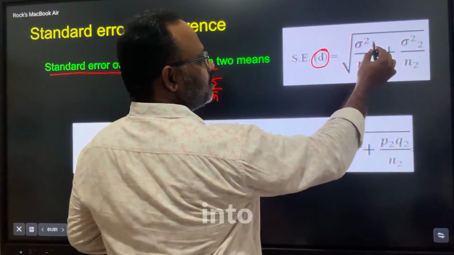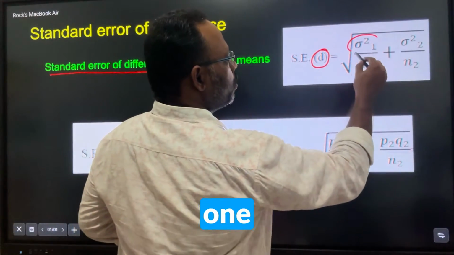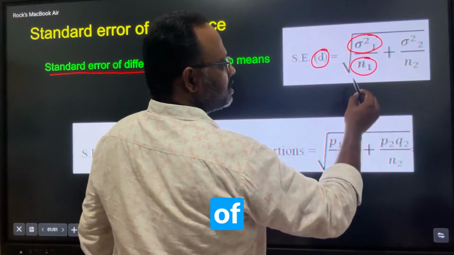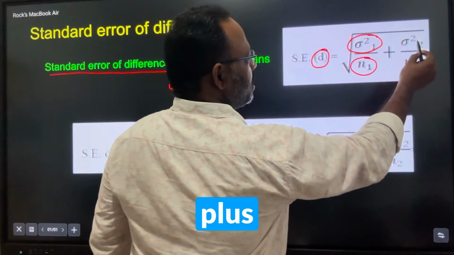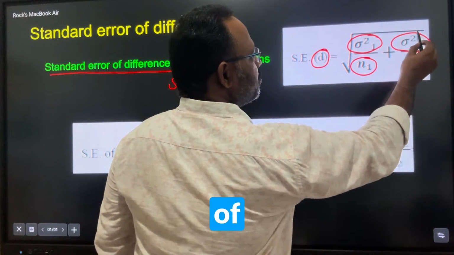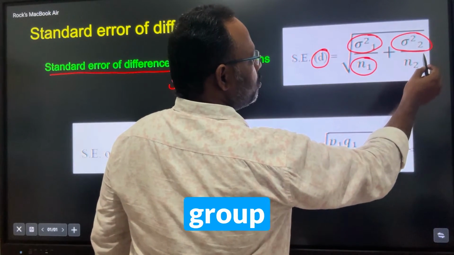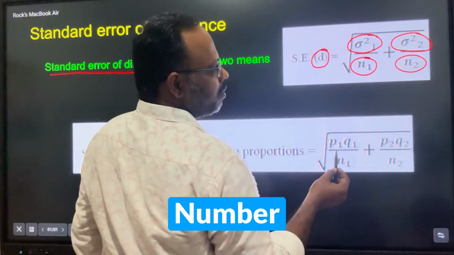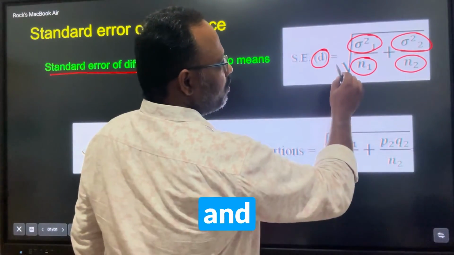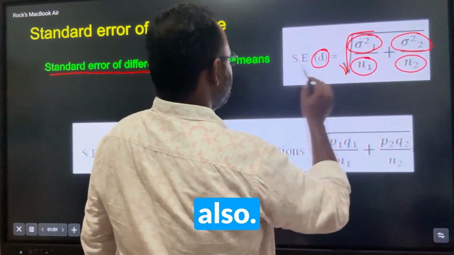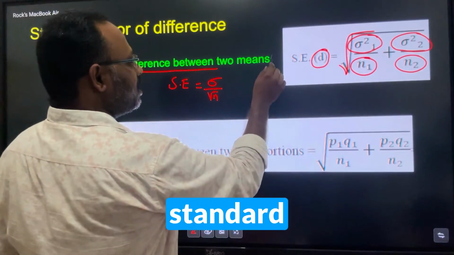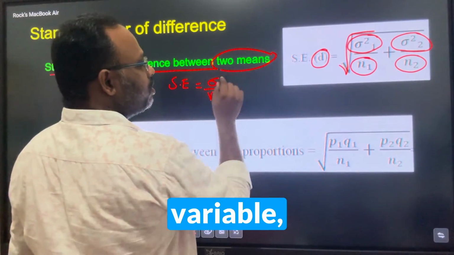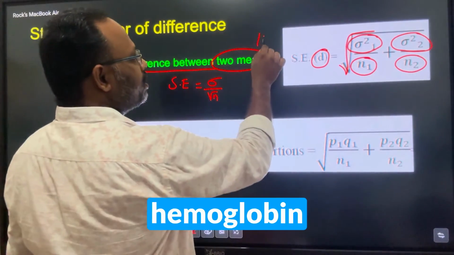It has been converted into standard deviation square of the group 1 divided by n1, that is number of samples of the group 1, plus the standard deviation square of the group 2 and n2, that is number of samples in the second group, and we have to take a square root also. So then we will get the standard error of two means. Here it means it is for the numerical variable, for example hemoglobin.